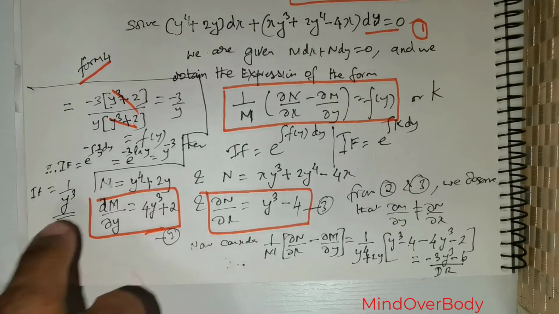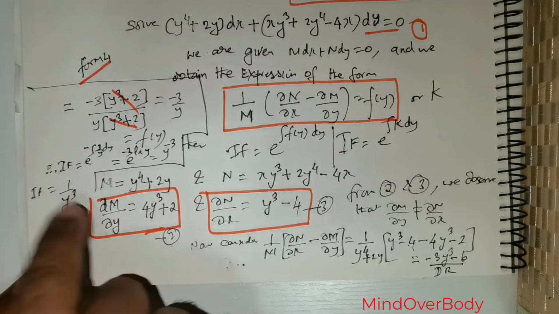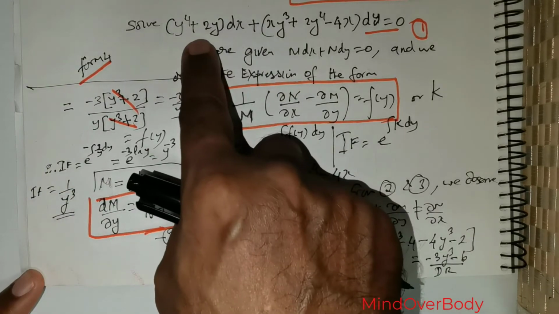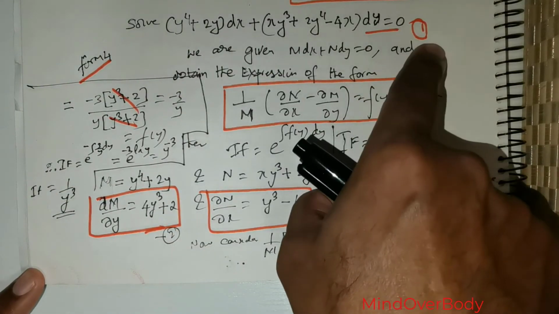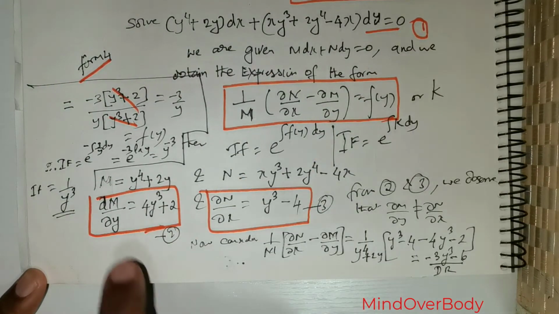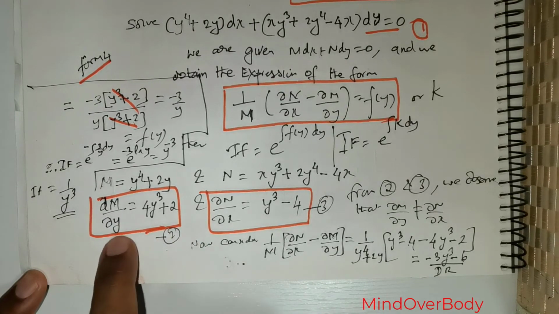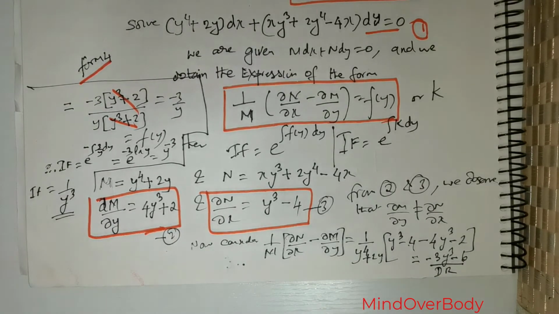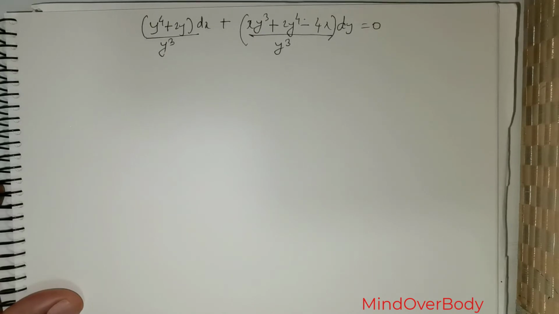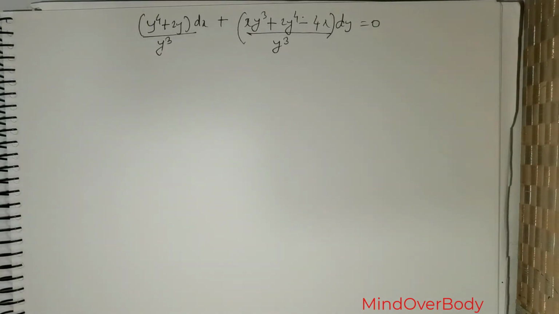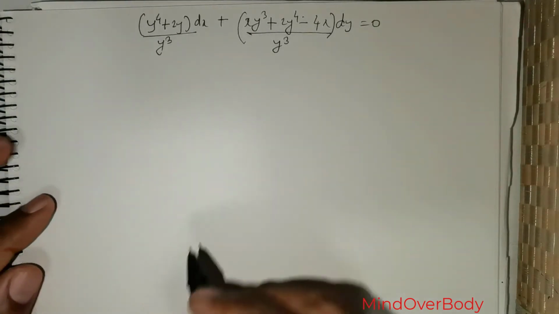This is my integrating factor. I need to use this and multiply every term in equation 1, and then make the check for dou m over dou y and dou n over dou x. As I mentioned, we have multiplied the equation with the integrating factor.